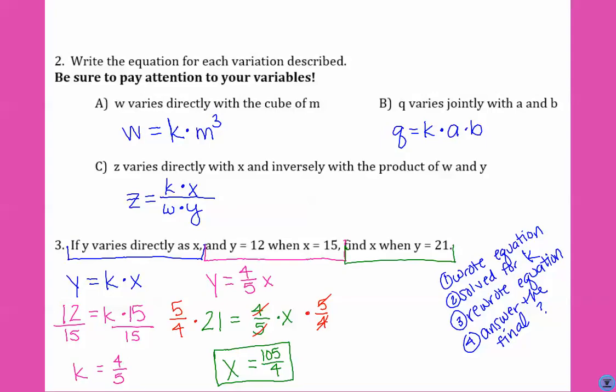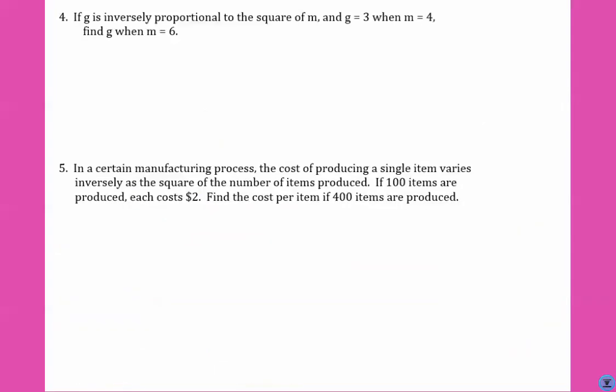All right, so let's look at another one. First step, write the equation. So if g is inversely proportional to the square of m, so g equals, inverse means k over the square of m, so m squared. Next, we're going to solve for k.